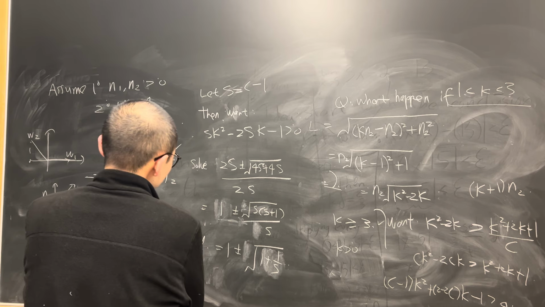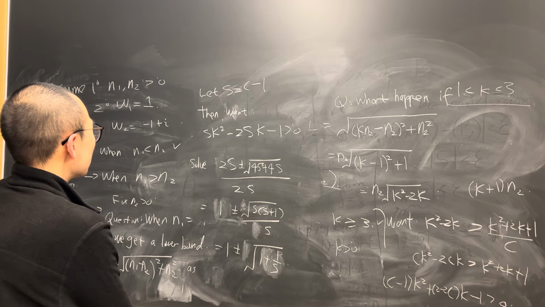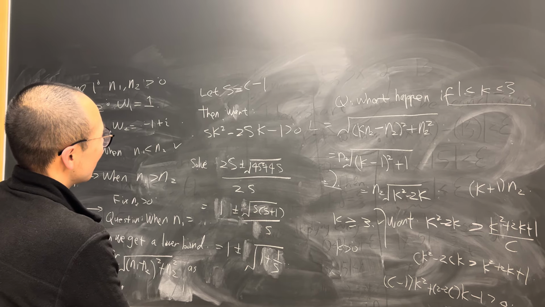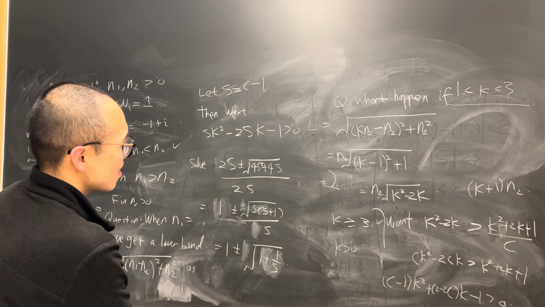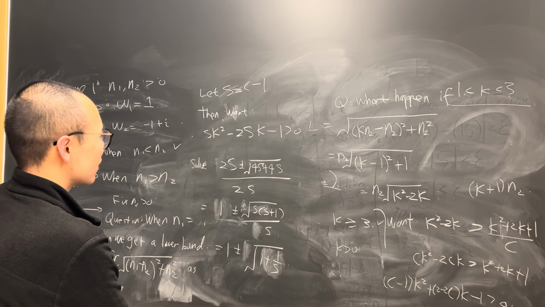Okay, so we want to see such that this whole thing is bigger than 0, when k is between 1 and 3, right?